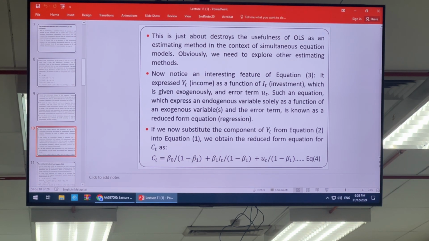But in this equation, on the right hand side we only have IT. IT, investment, is exogenous, and exogenous is not correlated with UT, meaning that now for equation 4 we can use ordinary least squares to estimate the parameters. Because IT is not correlated with UT, IT is exogenous.